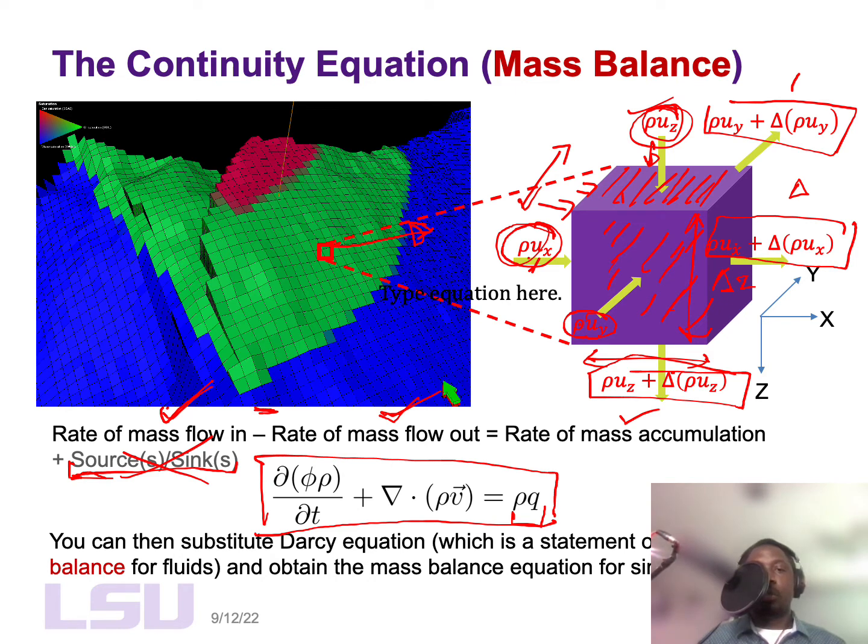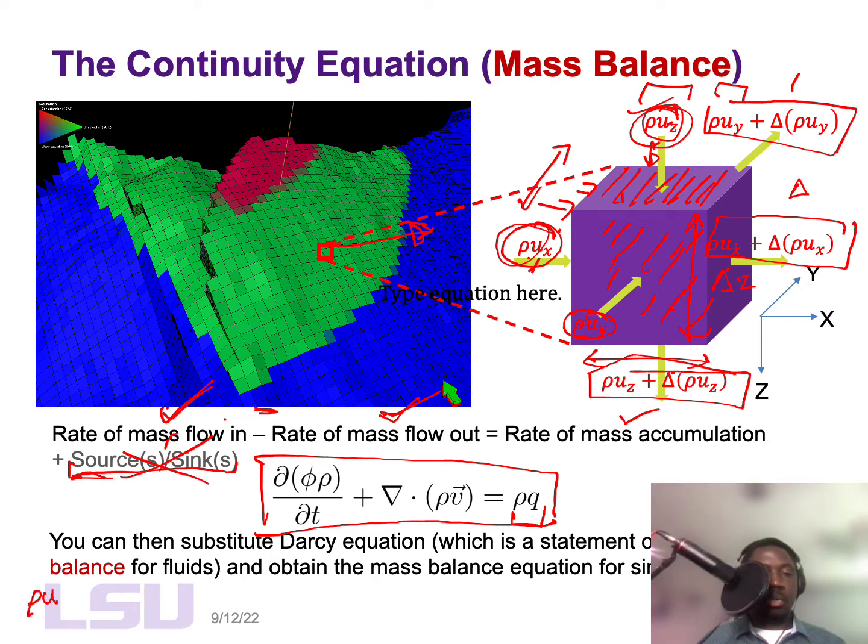You will realize that these terms will also show up in the mass flow out. So basically you have these three terms subtracted from, maybe I should write it briefly.